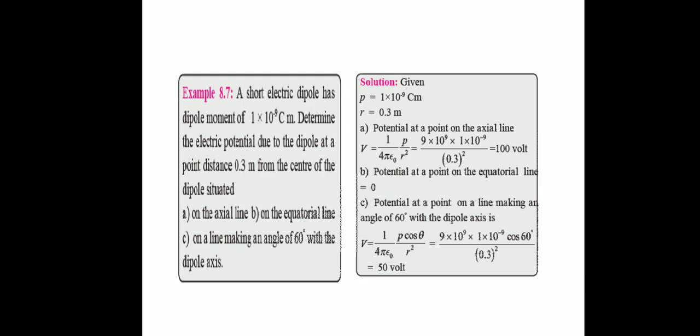If you read the problem, they have given the electric dipole moment, denoted by symbol small p, which is equal to 10 raised to minus 9 coulomb meter.